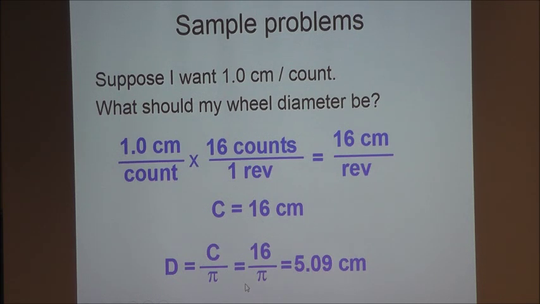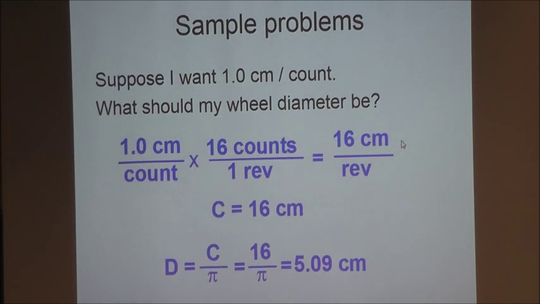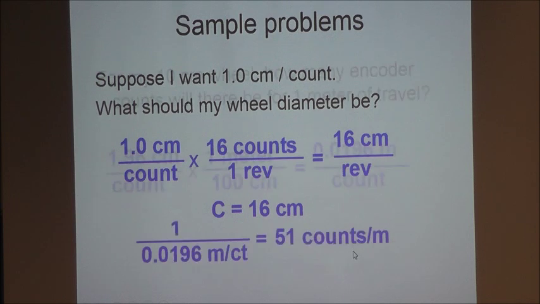You divide that by pi, you get 5.09 centimeters as the diameter of your wheel. The wheel used to be 10 centimeters in diameter. If you want that particular specification, you have to buy another wheel, almost half of this one, almost 5 centimeters.